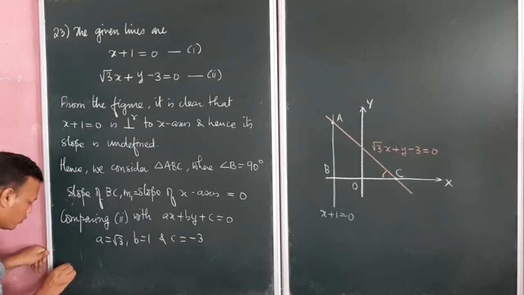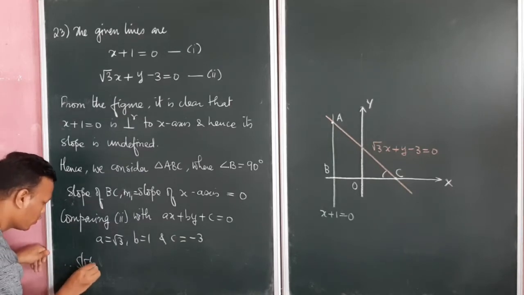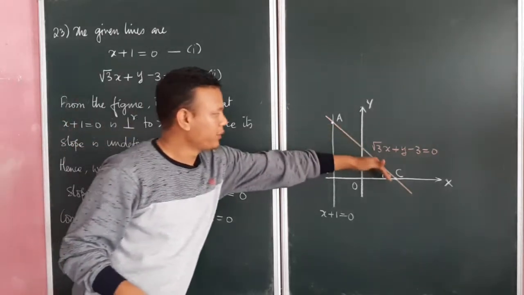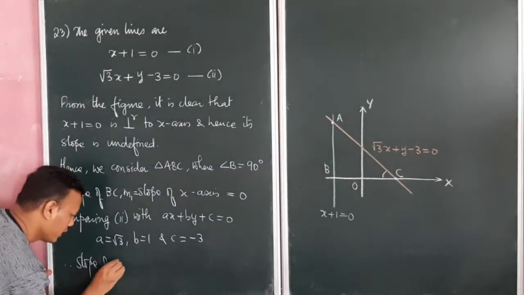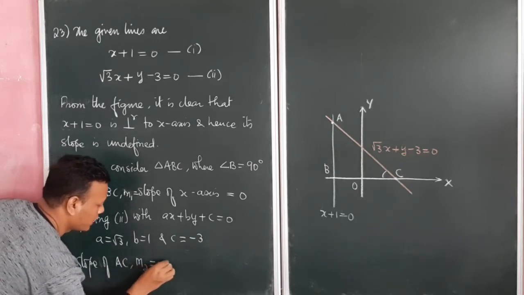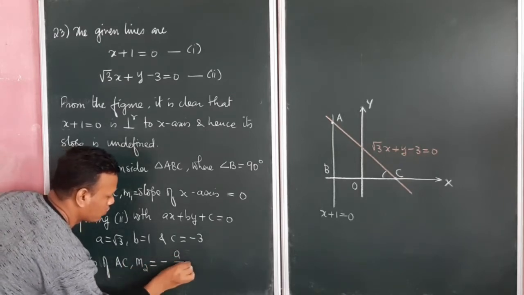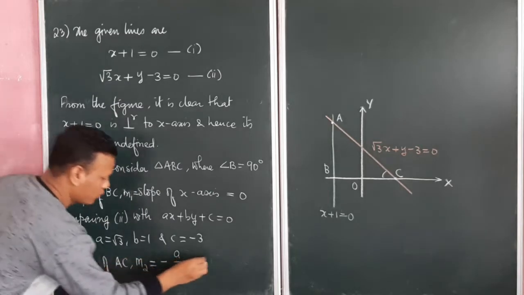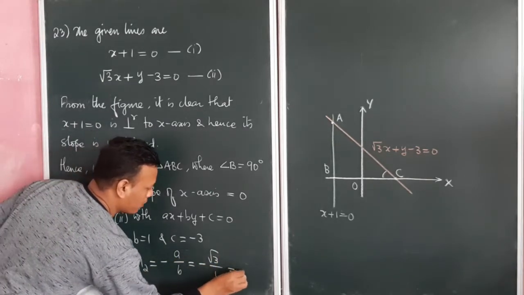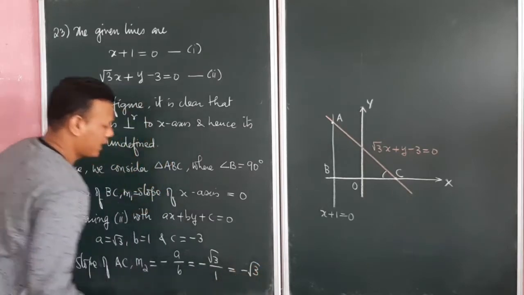Therefore slope of this line, that is AC, let me call this M2, will be equal to minus a by b. So minus a is root 3 by b is 1. So this is minus root 3, as you all know.